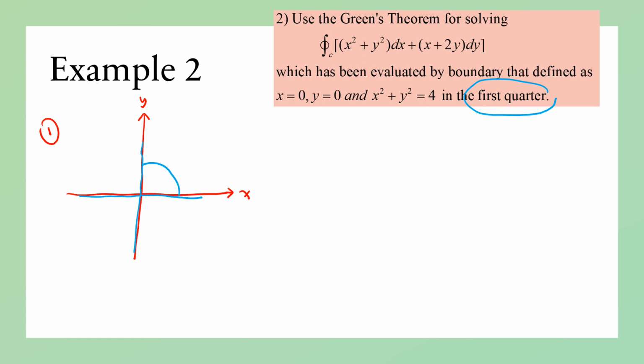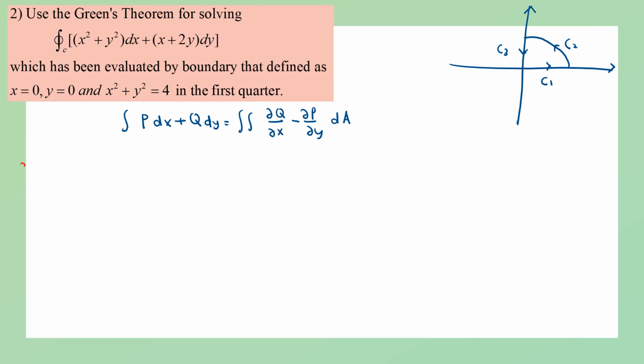So we have a closed curve here, so you can write this as C1, this is C2, and this is C3. You have to remember that the orientation is counterclockwise. So here we have three curves, C1, C2, and C3. I will show step number 2 in the next slide.